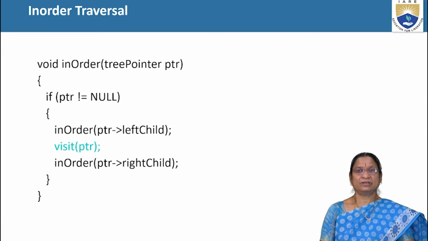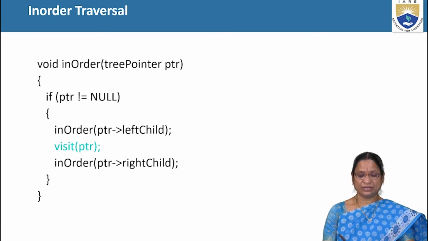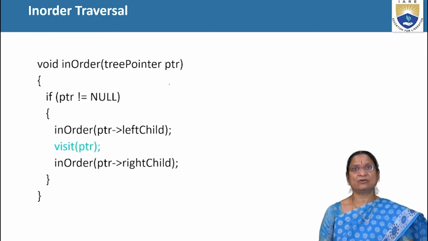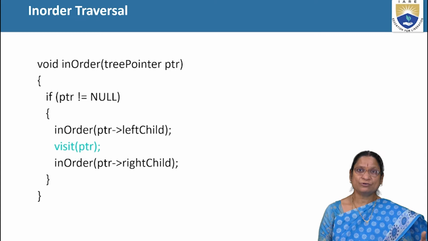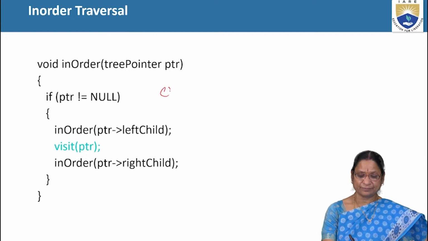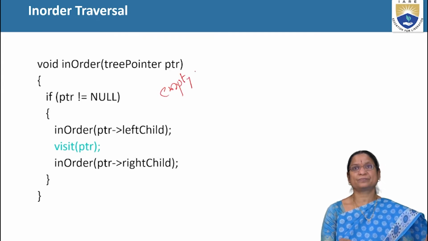So what is INORDER? If PTR is not equal to null, then only the traversal is continued. If PTR is equal to null, the node itself is null, which means it is empty. So if it is empty, we have to stop.